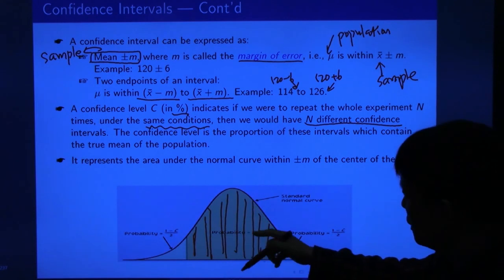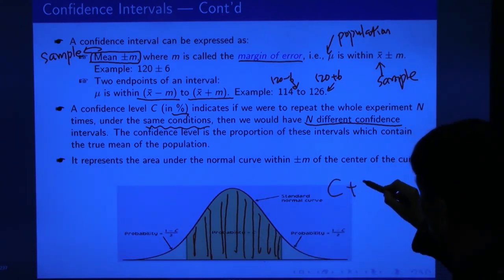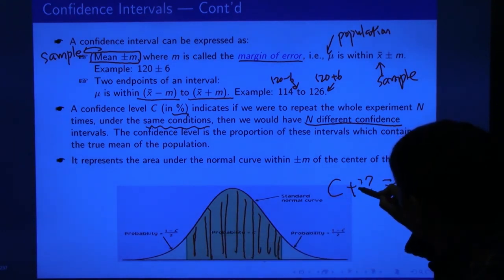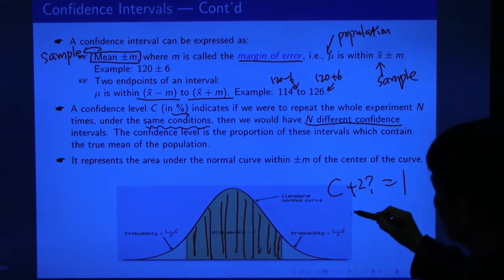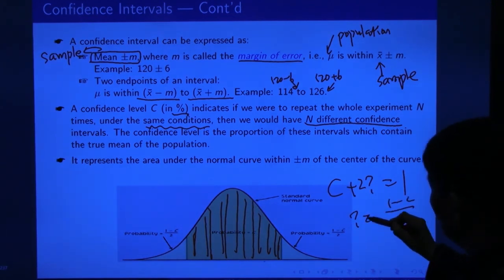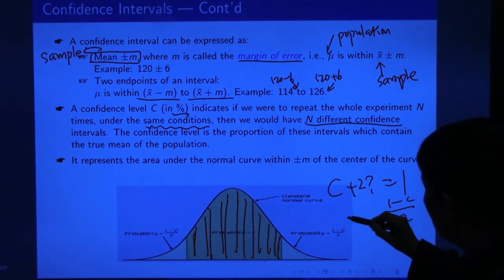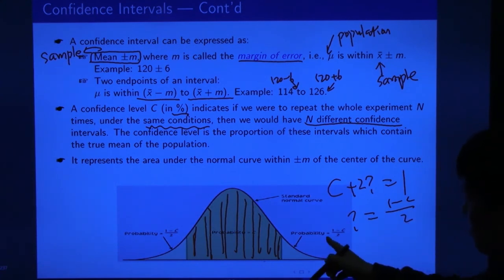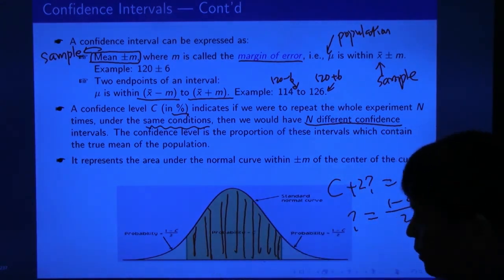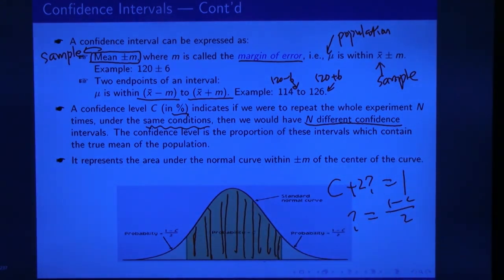Because C plus the two tails equals 1, twice this part equals 1 minus C. So each tail is (1 minus C) divided by 2. We are going to use these ideas later, so here we just list this. This is very easy to understand. We already know this from chapter 1.